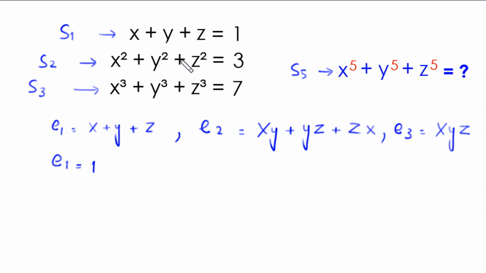And we are given in the system that S1 is equal to 1, S2 is equal to 3, and S3 is equal to 7. And we use Newton's sums formulas to find E2 and E3.